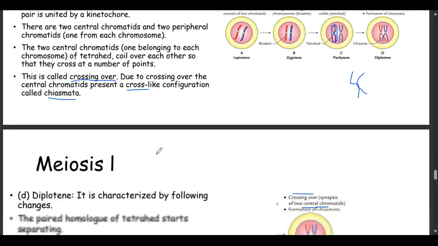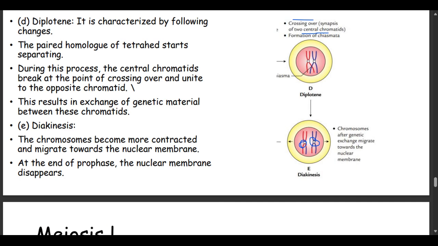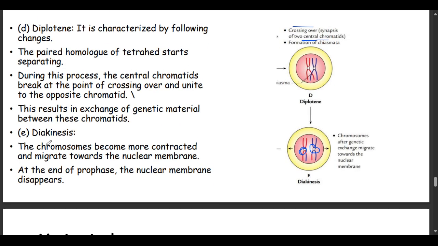So in the last stage, you have diakinesis. In the diplotene stage, you have diakinesis, and diakinesis is where the strands separate instead of what is happening in the first step. So we are reversing whatever was happening in the first step at this point.